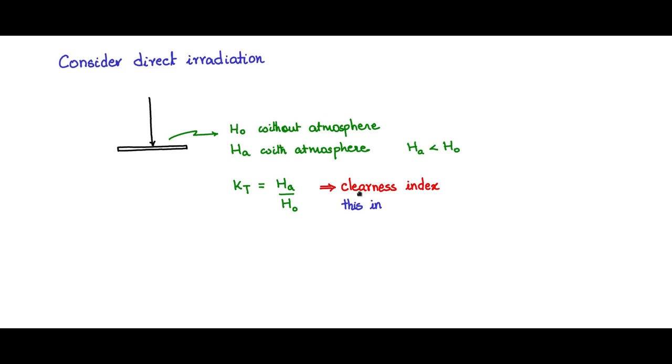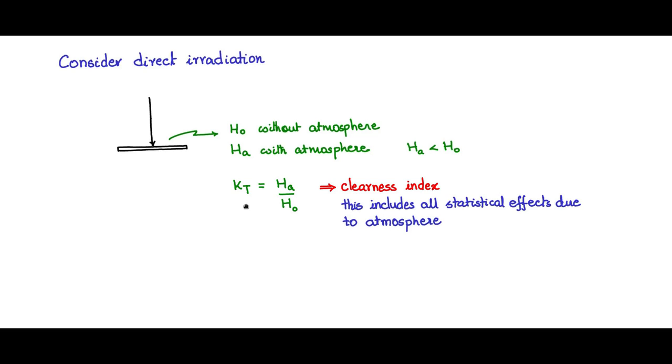So this includes and incorporates all the statistical effects due to atmosphere. So this is a pretty important parameter which we will use, and we will discuss later how we will estimate this clearness index value from the previous historical data. For now, let us consider this as a variable and let us consider that this is estimatable.